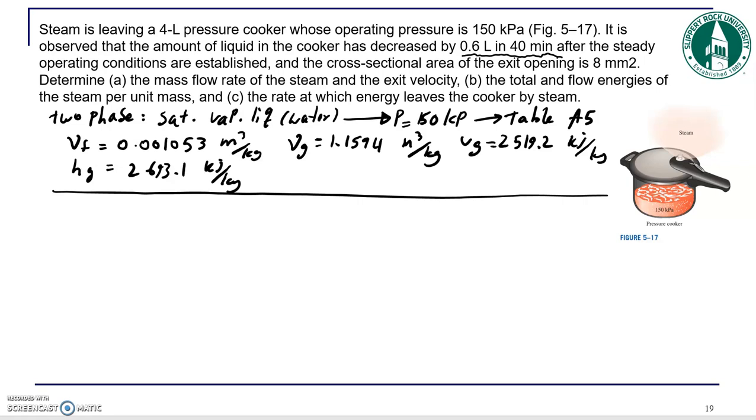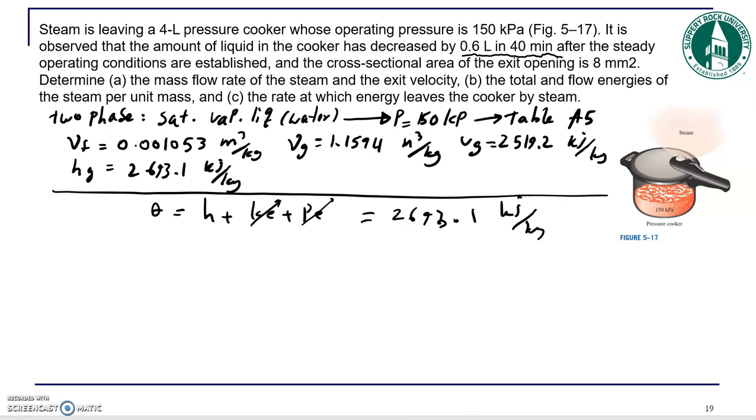The total and flow energies. So the total energy is theta, right? Theta is equal to, this is a flowing fluid, right? Enthalpy plus kinetic energy plus potential energy. And we can ignore the kinetic energy and the potential energy, and the enthalpy is going to be equal to, we already have the number, right? 2693.1 kilojoule per kilogram. As easy as that, okay?